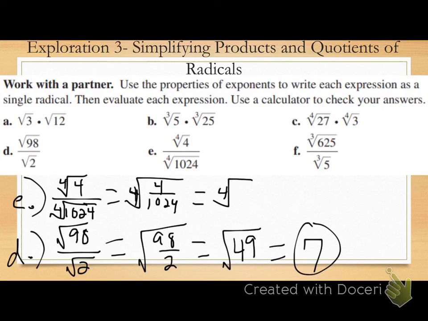What does 4 over 1024 reduce down to? One over 256. So I'm asking myself what number times itself four times gives me 1 over 256. What'd you say? 1/4. Questions on E?